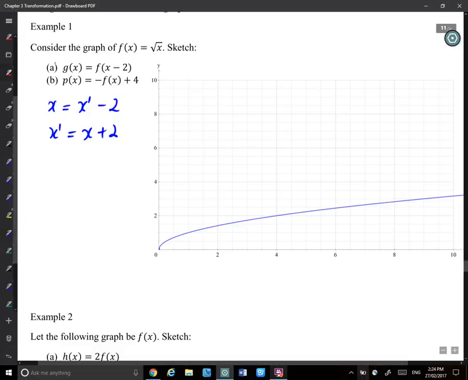So I will find some points on the graph. For example, this 2, 0. And then 1, 1 will move to 3, 1, which is here. 4, 2 will be moved to 6, 2.